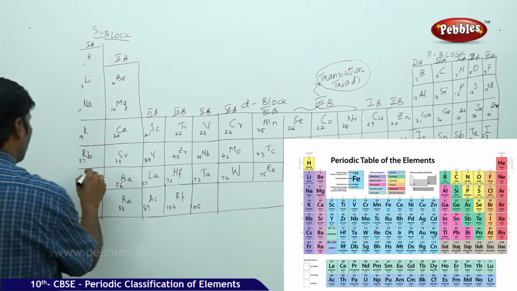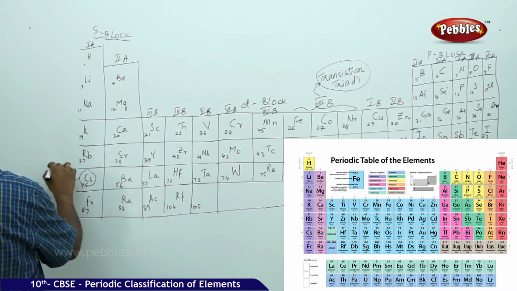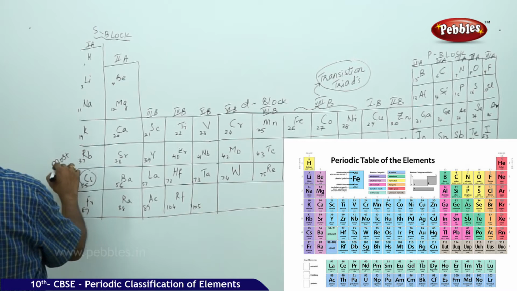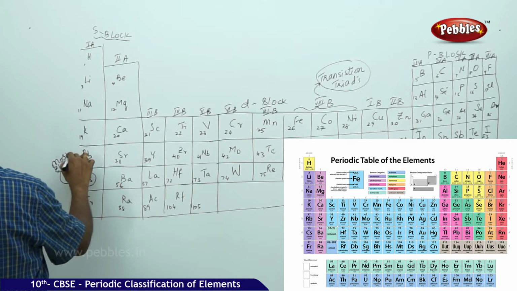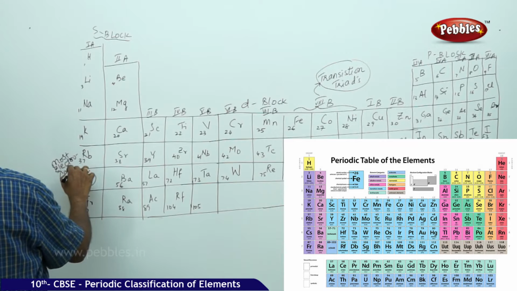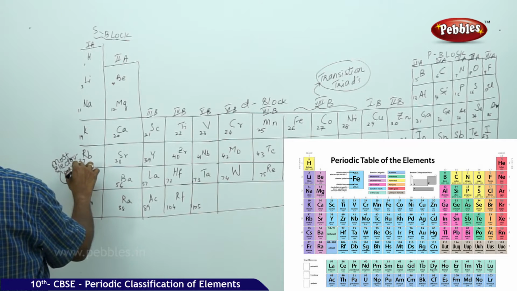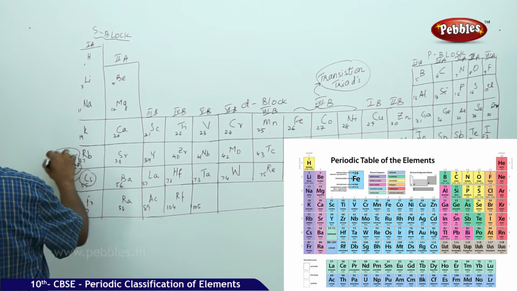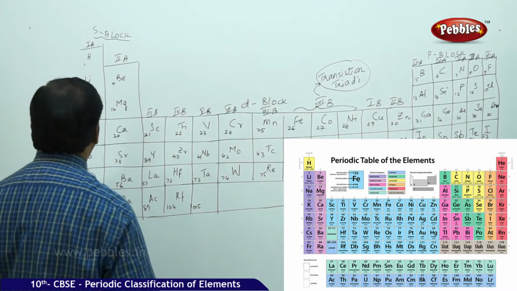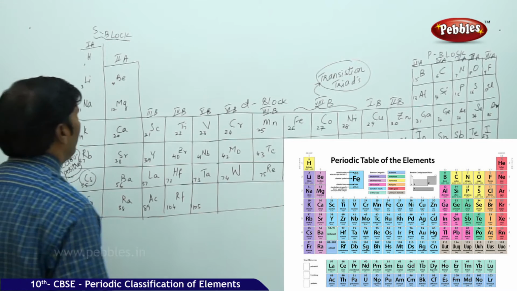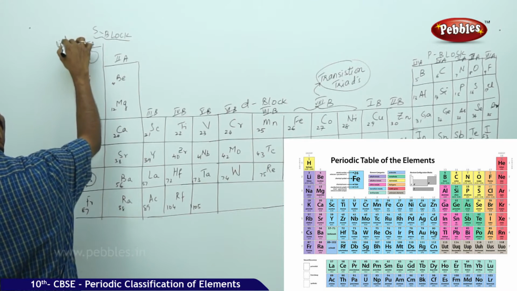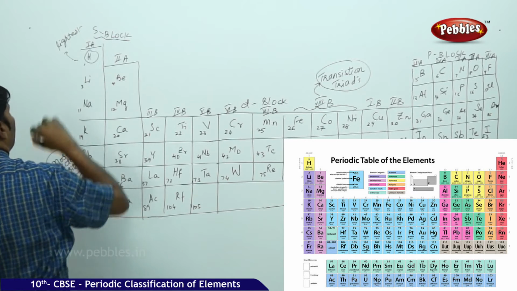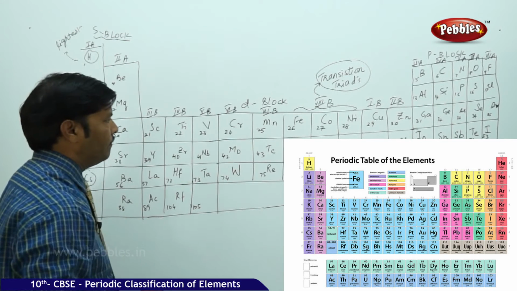The most electropositive element is cesium. The lightest element is hydrogen.